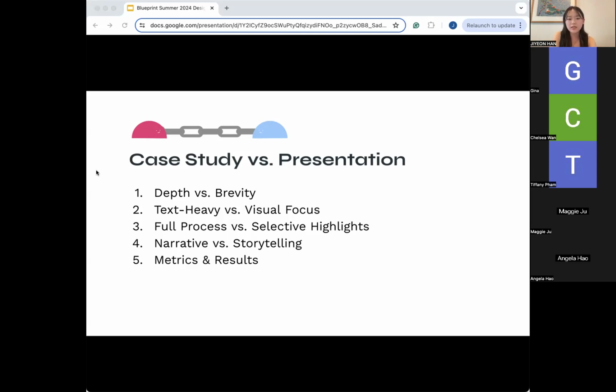But the presentation is more storytelling. You want to make sure your audience is engaged and understands your whole design journey. In my presentation, I also like to add a lot of key metrics, whether it's graphs or tables, so that it's really easy for the audience to read.